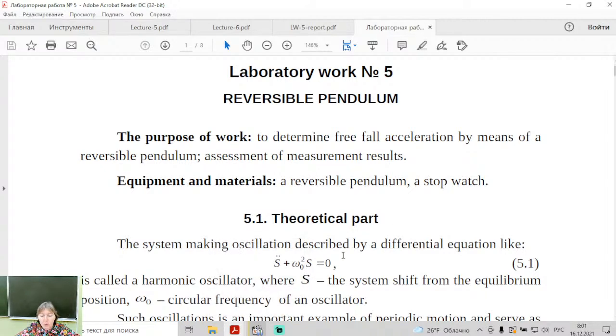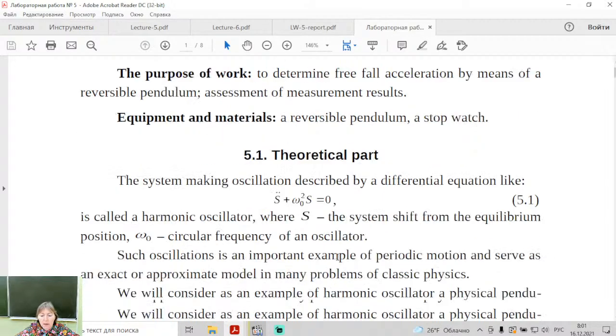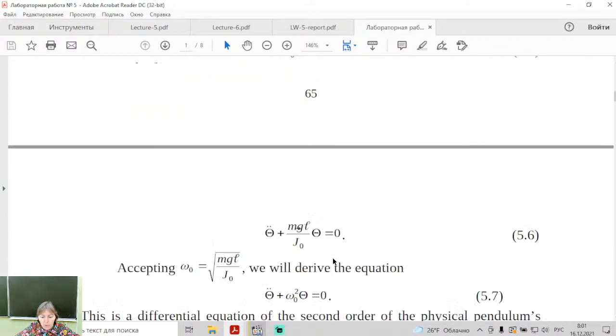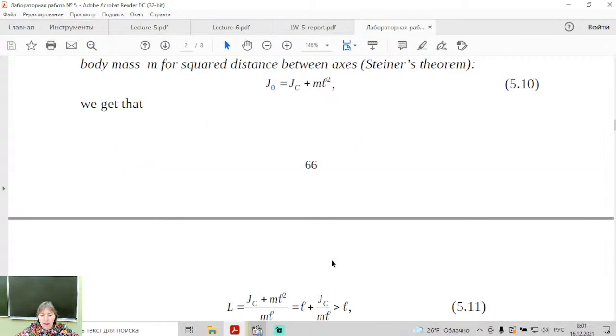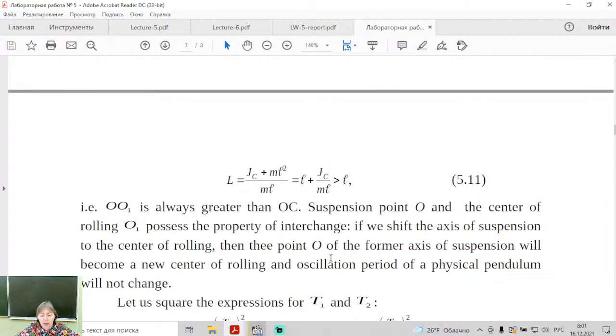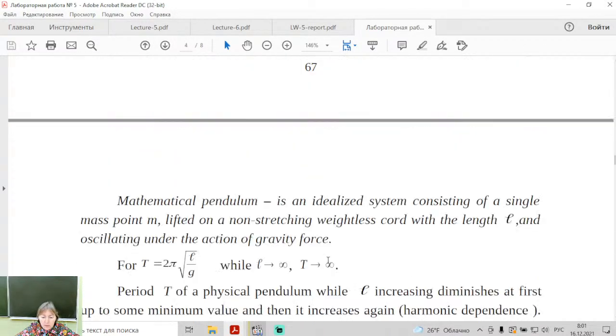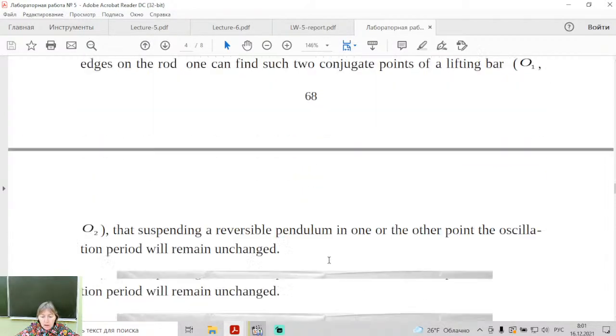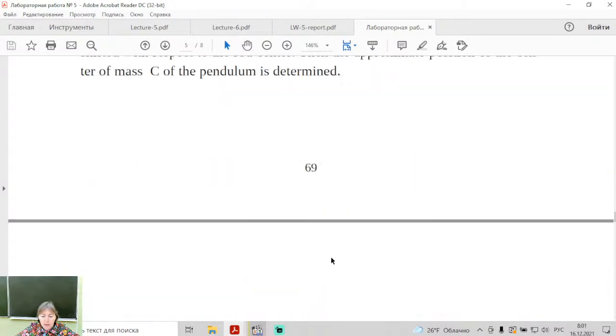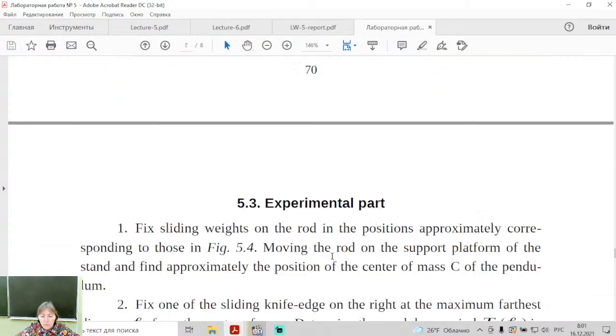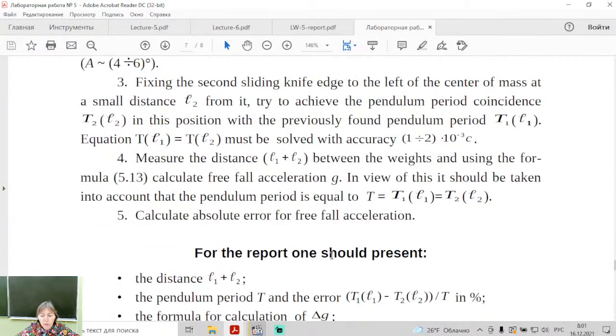You have to read the topic of this laboratory work and the experimental data done for you. Read and watch a video, read the topic and watch the video for laboratory work number 5.